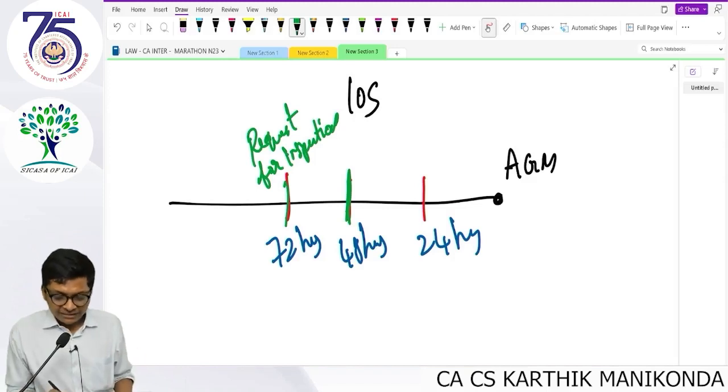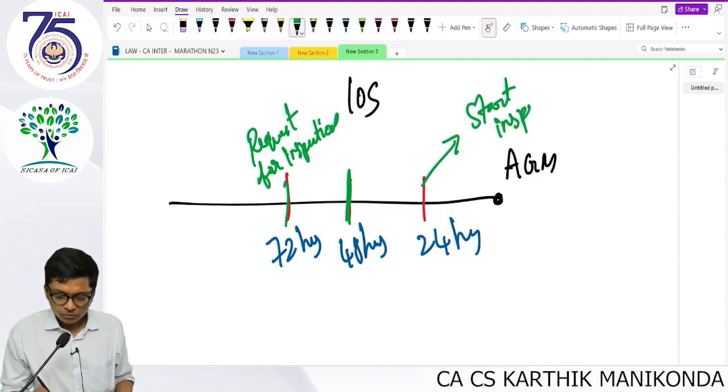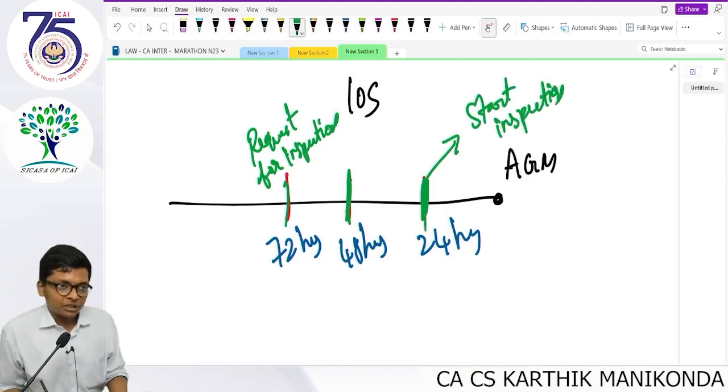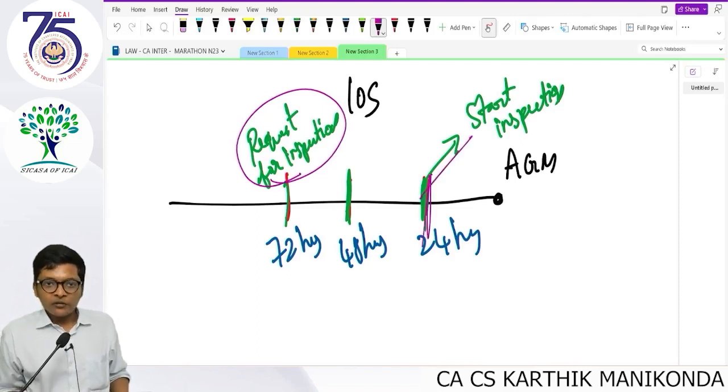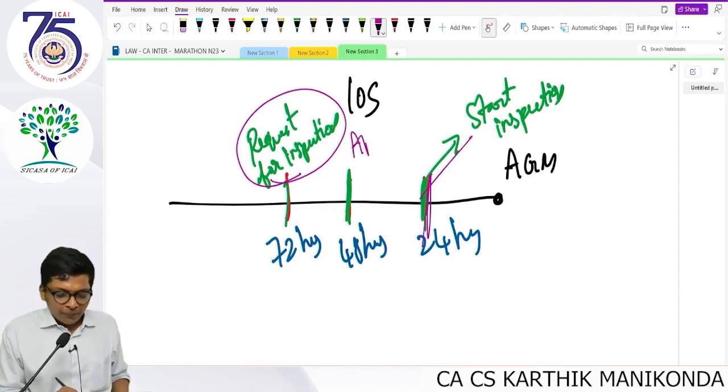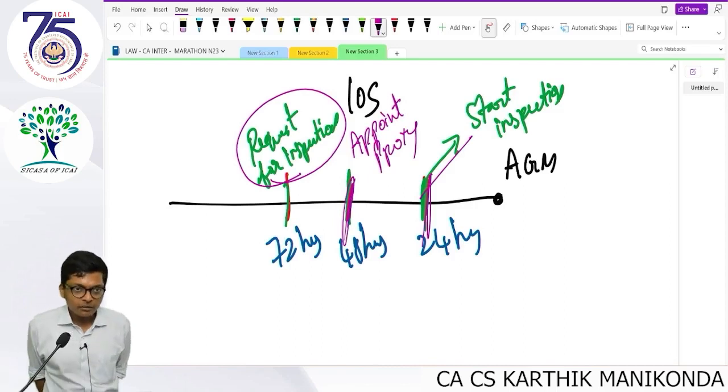No, then you can start inspection 24 hours before the commencement of the AGM. So, request for inspection 72 hours before. Start inspection 24 hours before. If you want to appoint a proxy, the cutoff is 48 hours in advance.